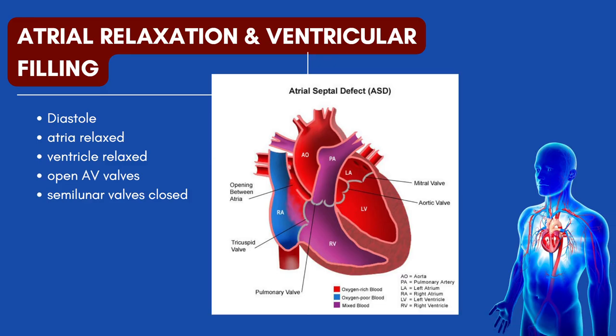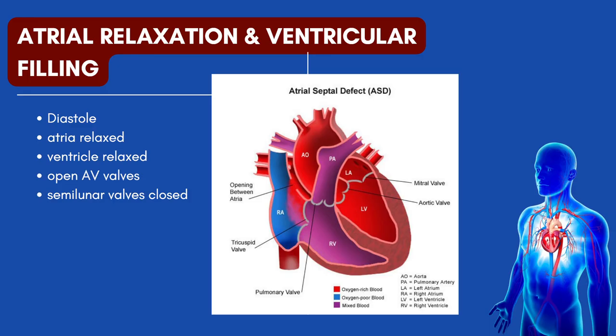The first phase is atrial relaxation and ventricular filling. During this stage, both atria and the ventricles are relaxed. Blood returning from the body and lungs fills the atria and passively flows into the ventricles through the open atrioventricular valves.